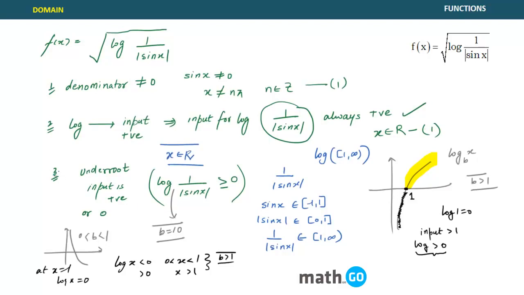If you match all three conditions, it works for every value of r, except again the denominator condition, except 1. The second condition also says x belongs to r except 1, and we have already found the exception. So the answer to this problem is x belongs to r minus n pi.